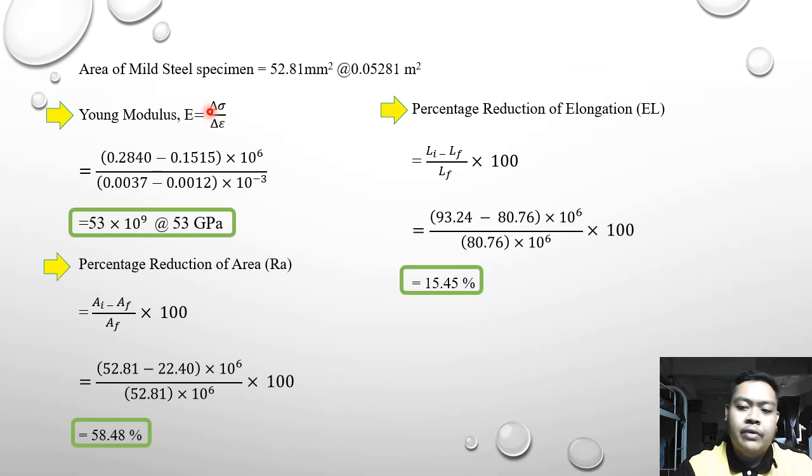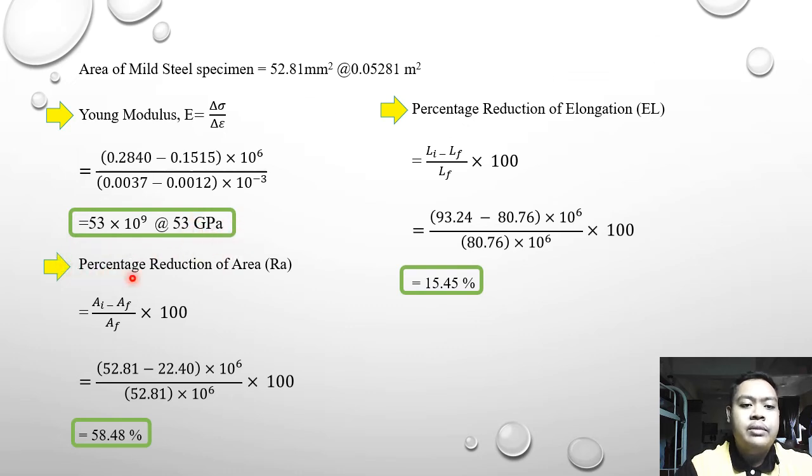What I mentioned before was the aluminium. This is the mild steel. The first equation is the same. For Young's modulus, we use this equation, and we insert the modulus of elasticity from the graph that we get from the tensile test machine. Okay, we get the value 53 gigapascal.